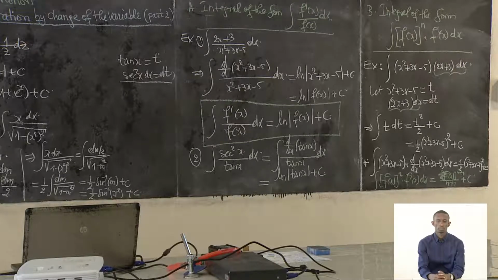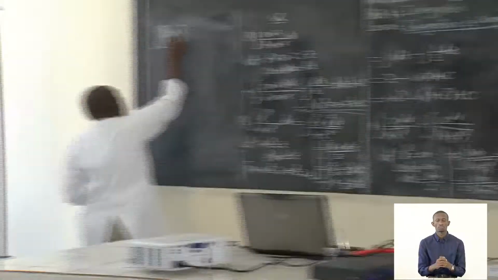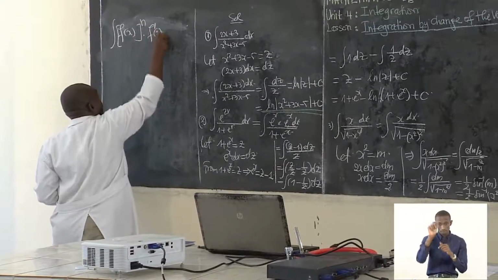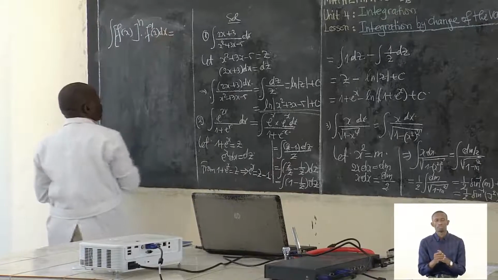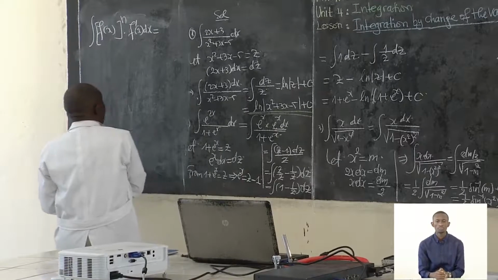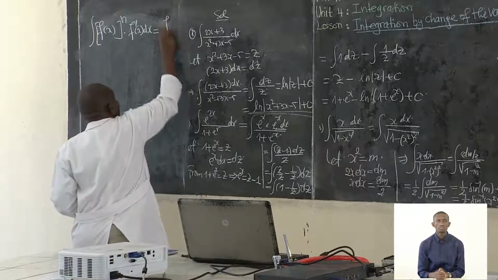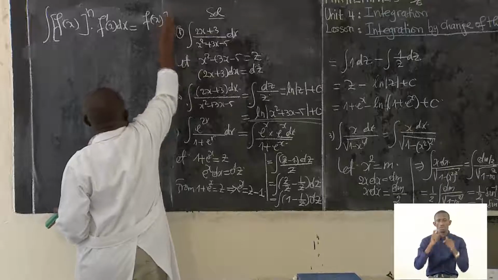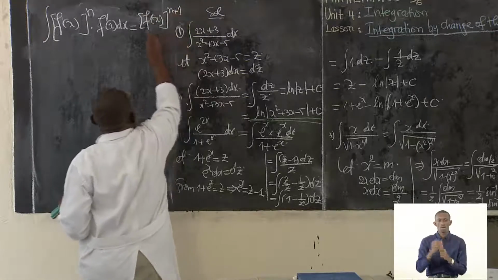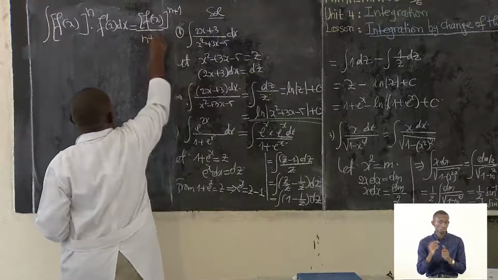It means the integral of f of x power n times its derivative dx is equal to f of x power n plus 1 divided by n plus 1.